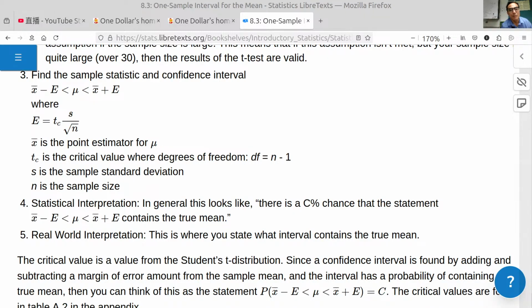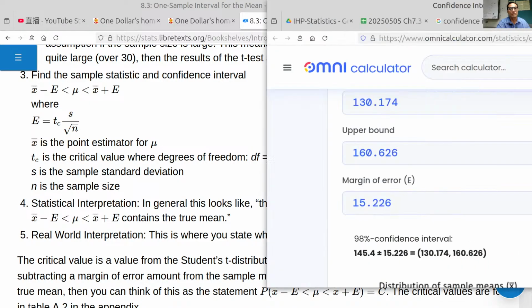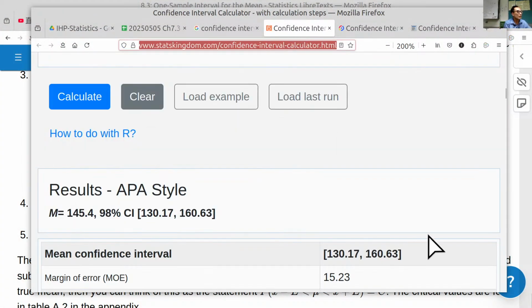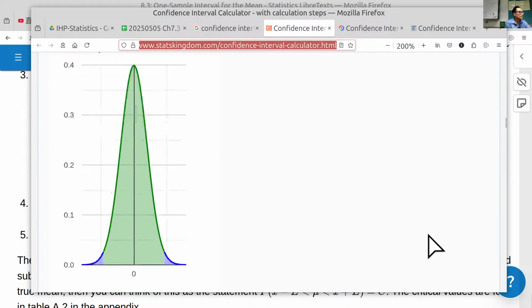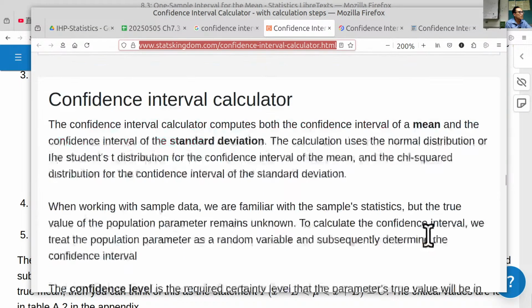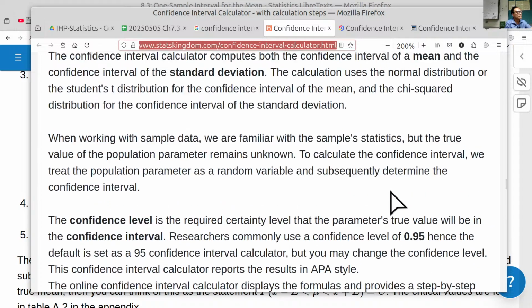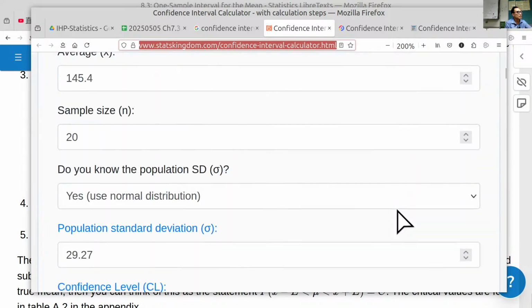Okay, and I'm going to give you 12 useful websites. They are confidence interval calculators.